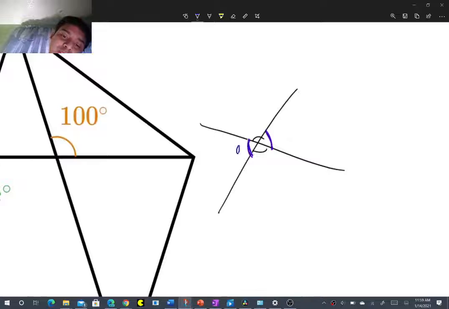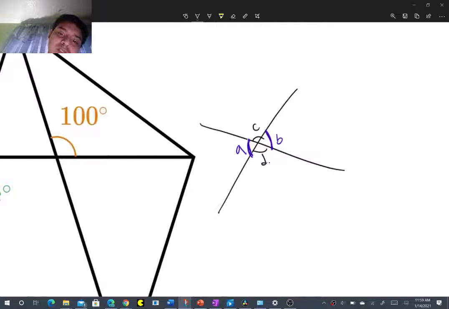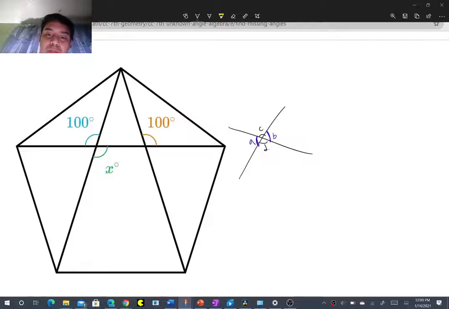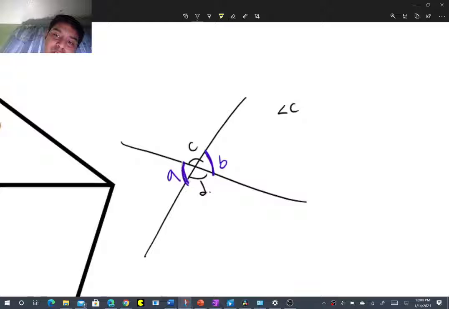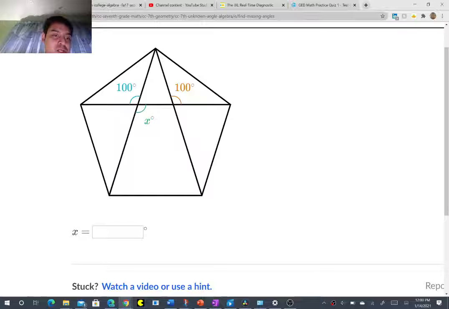If we name this A, B, and this part we can name C, D, that means that angle C is congruent to angle D, and angle A is congruent to angle B. So this line and this line, they're vertical angles. So that means that 100 is congruent to angle X. So this will be 100.